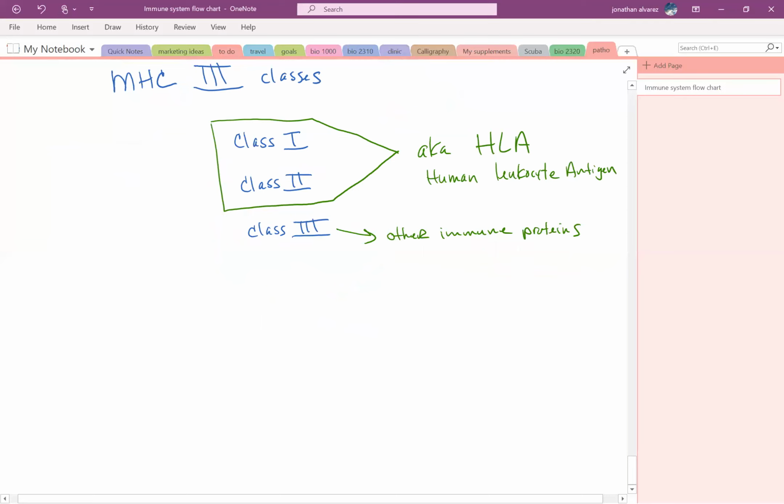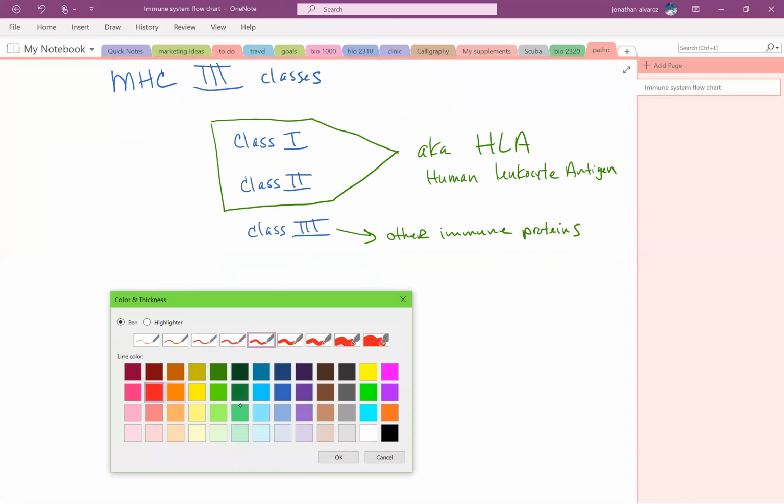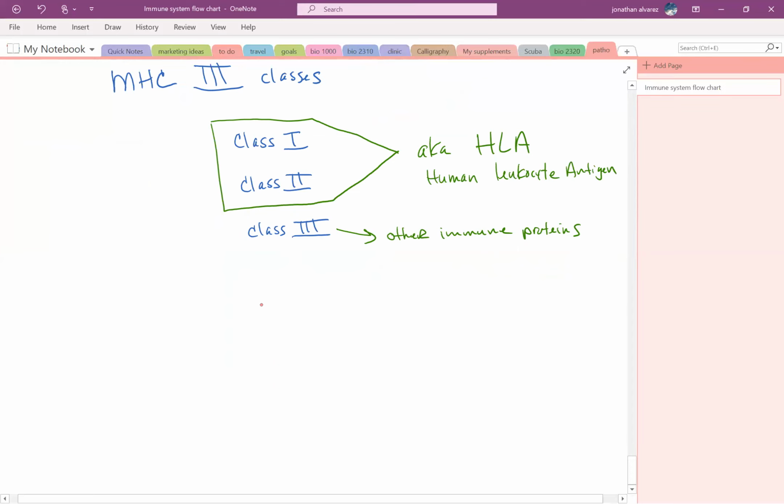MHCs, so major histocompatibility, are from a set of genes in chromosome number 6. So let's draw out kind of our version of a chromosome.